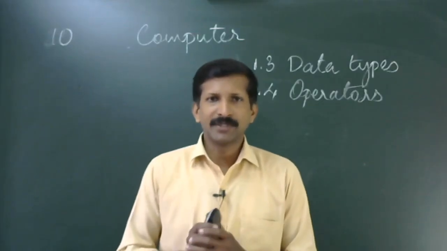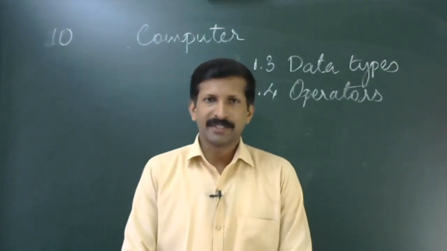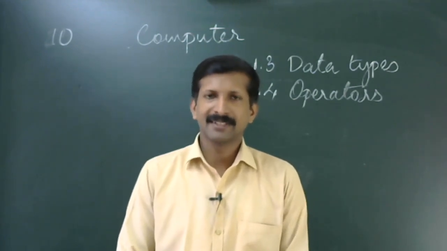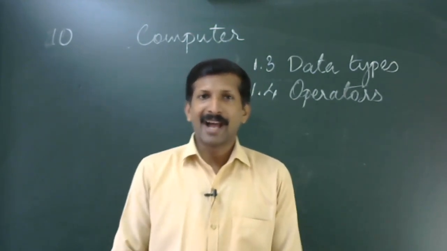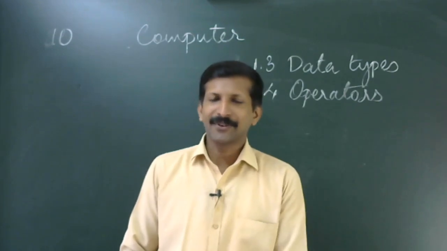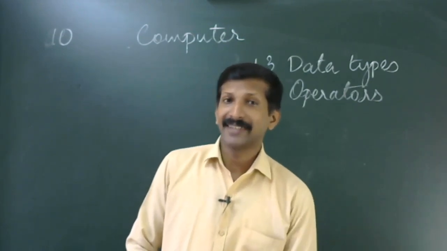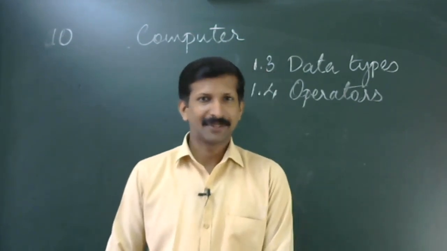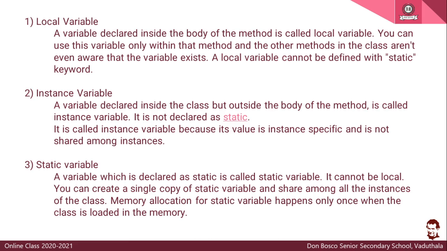While we are creating an object, only then will memory be allocated, as we learned. At the same time, memory space is allocated separately for each instance variable. So remember the term instance variable: while we are creating an object, separate memory space will be allocated.